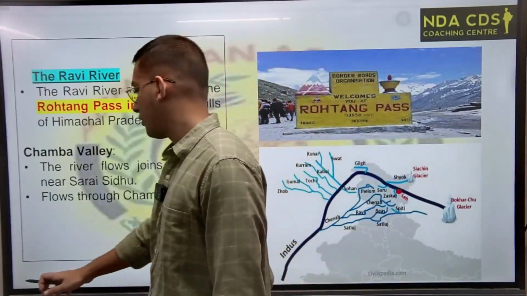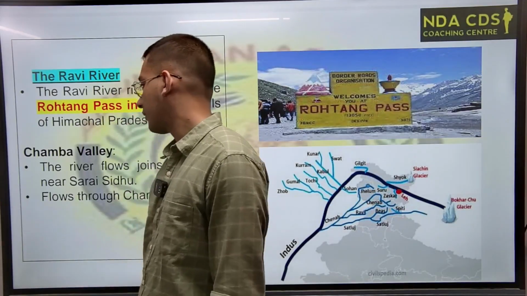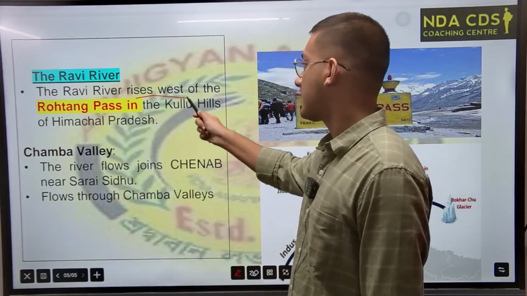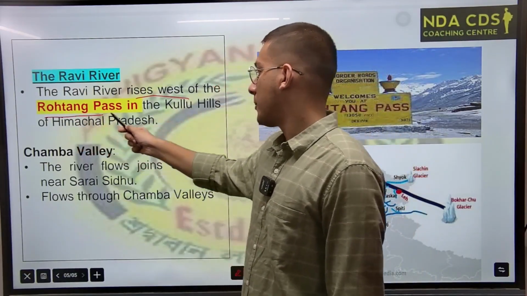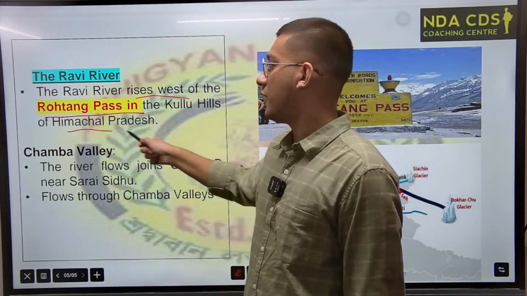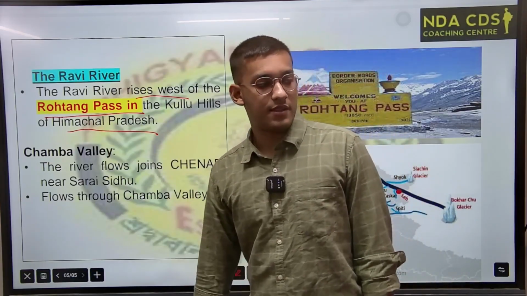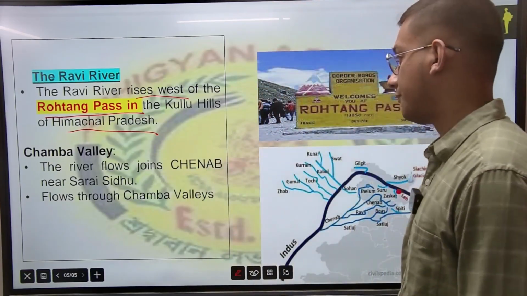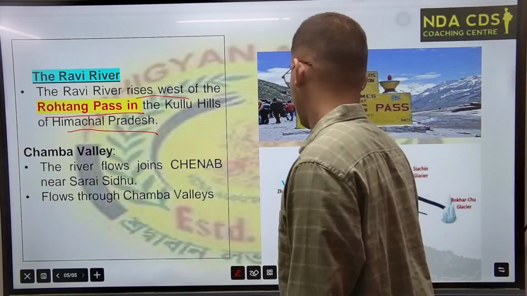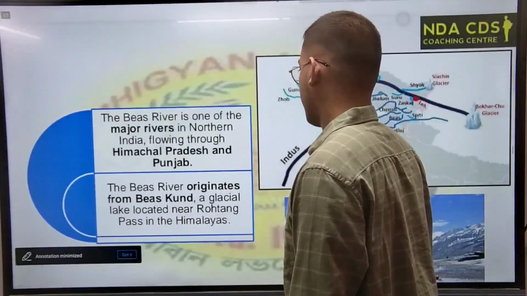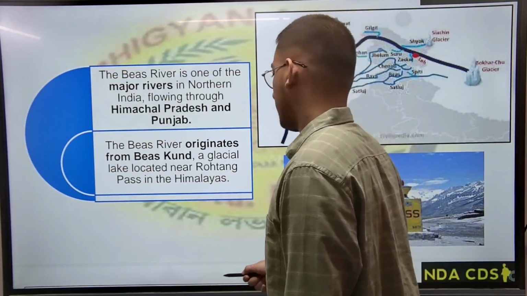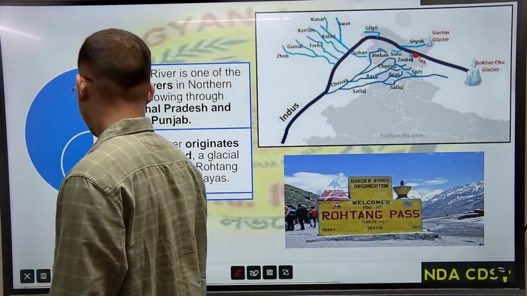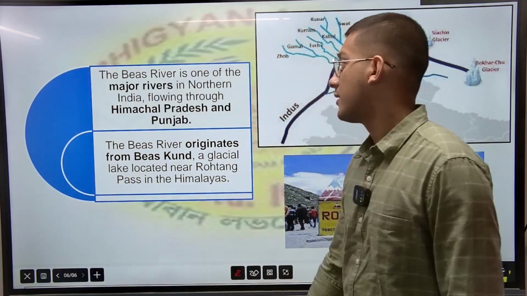We now come to Ravi. Ravi rises in the west in Rohtang Pass of Himachal Pradesh. Now coming to Bias.